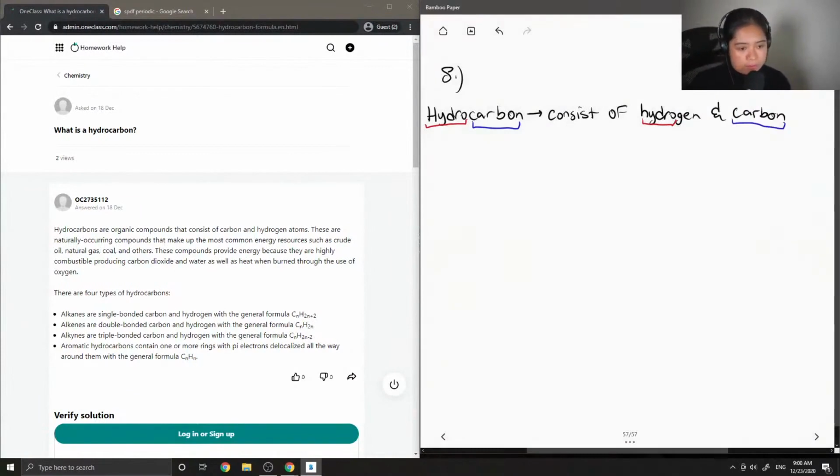Okay, so I'll have some examples. For example, you can have a carbon that has 4 hydrogens attached to it, and this is just methane. Or you could have a carbon ring.